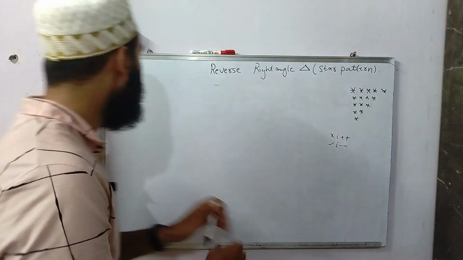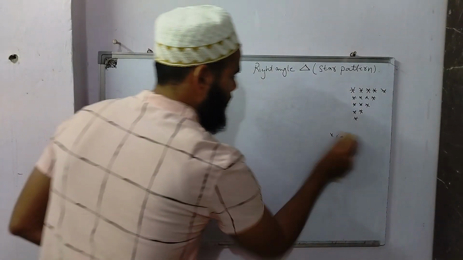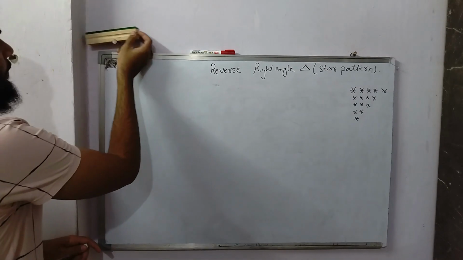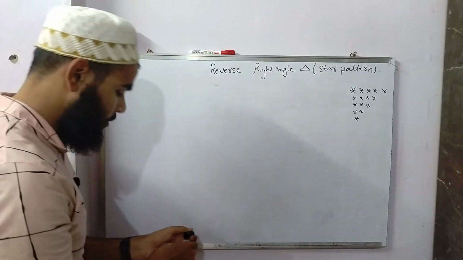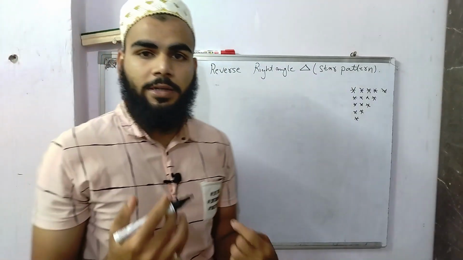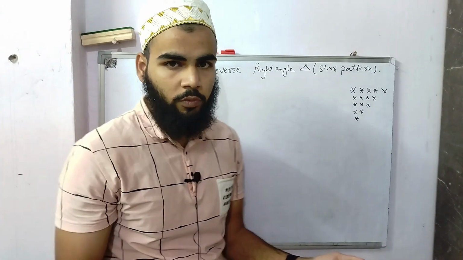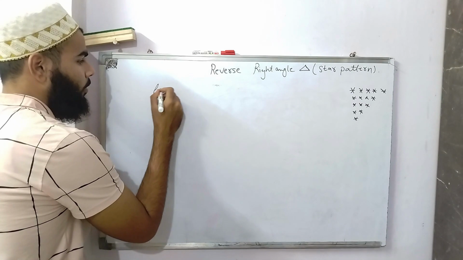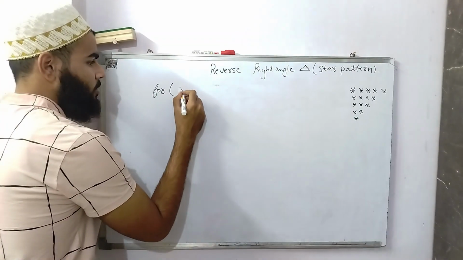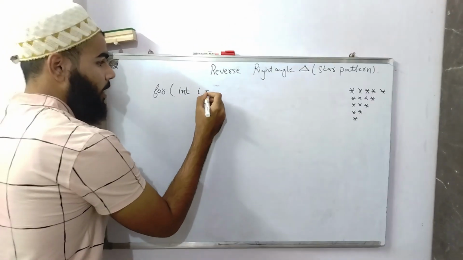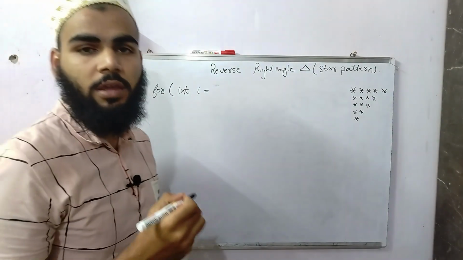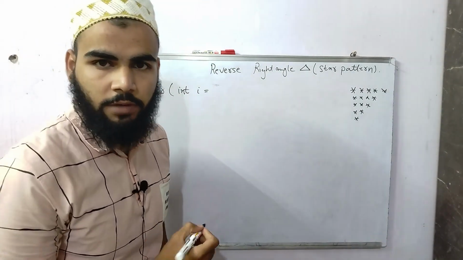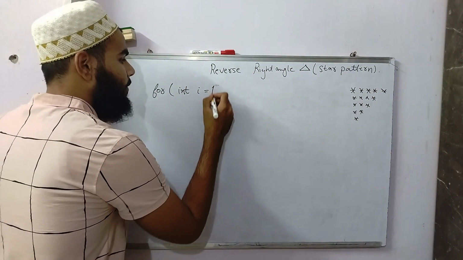Now let's code. First I will write the for loop. You just remember the concept that we discussed earlier, how a for loop works. According to that concept, I am writing for, and I will make a variable i of type integer. This time I will initialize the variable, giving it the initial value, let's say 1.